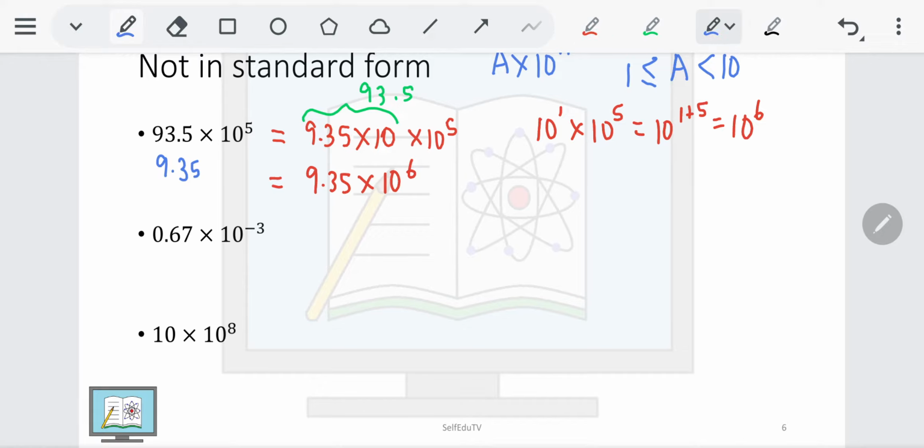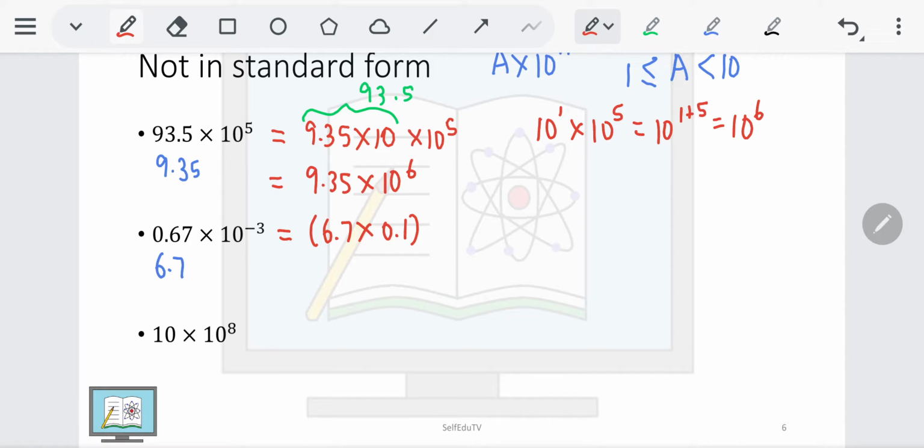The second one is also not in standard form. The value of a should be 6.7. So how do we change it to standard form? 0.67 means 6.7 times 0.1.